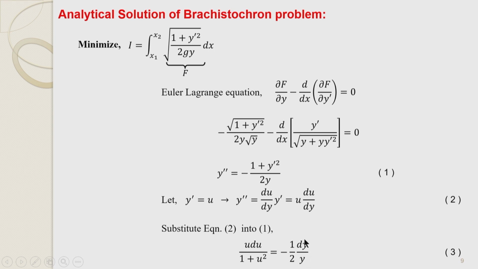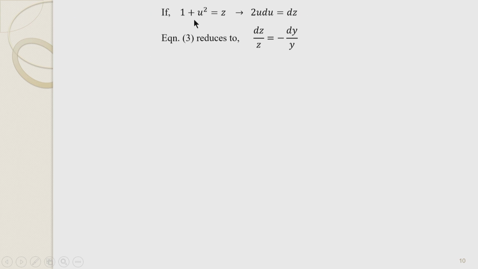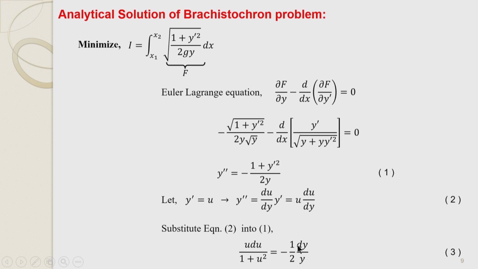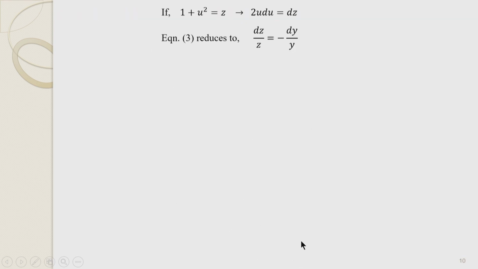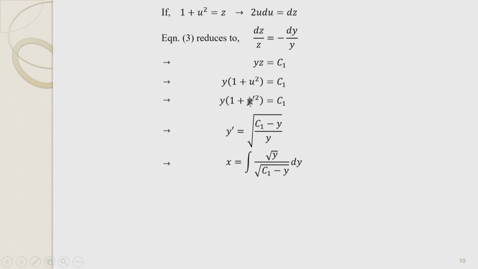Now, if you do further substitution, then equation 3 is this, and if you solve it, then y z is equal to C1, we replace z by 1 plus u square and u by y prime. Hence, we can write this as y prime equal to this expression, that is dy dx. With further integration we get this.